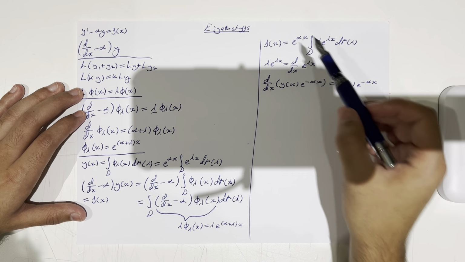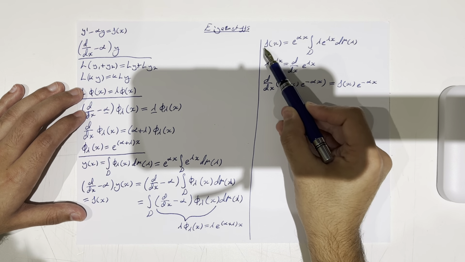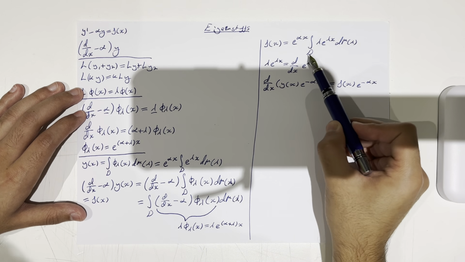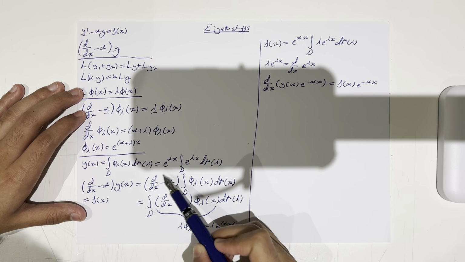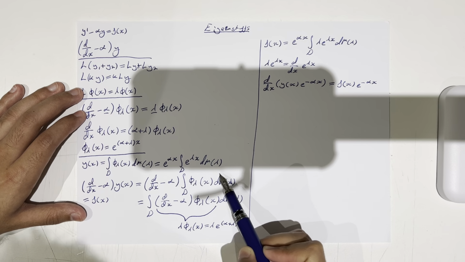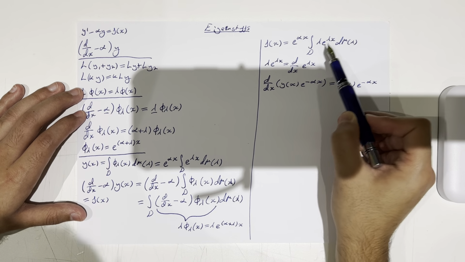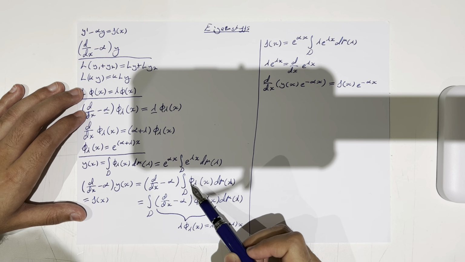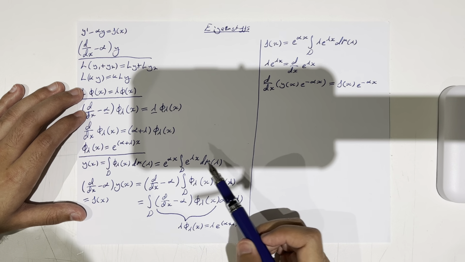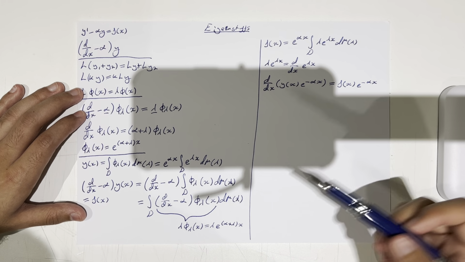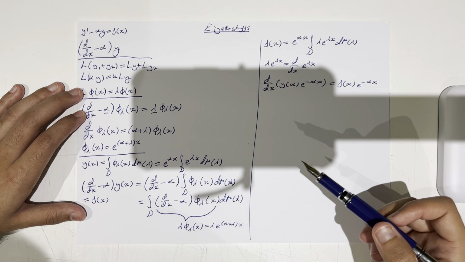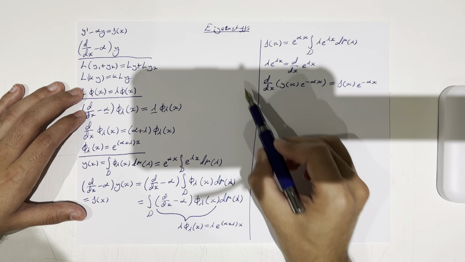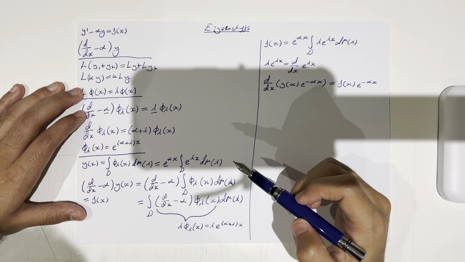I will repeat that briefly: f of x multiplied by e to the negative alpha x will result in this integral, y of x multiplied by e to the negative alpha x results in this integral, and this one is the derivative of this one with respect to x. Now all that remains is solving this much simpler differential equation.